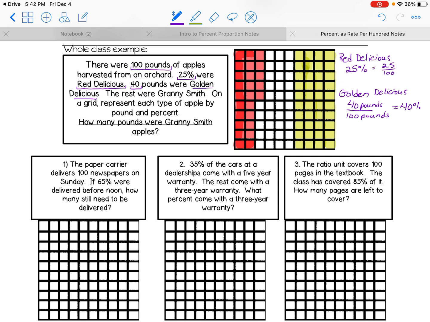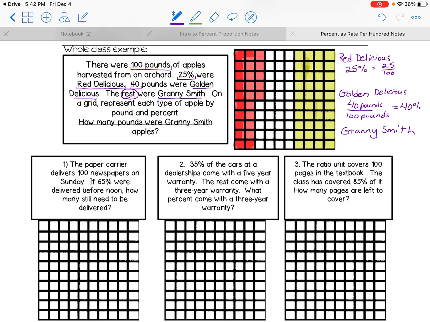The last thing that this next sentence says is the rest were Granny Smith. Okay, so on the grid, represent each type of apple by pound and percent. We've already done the Red Delicious, that's in the red.